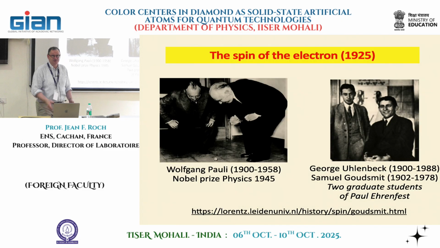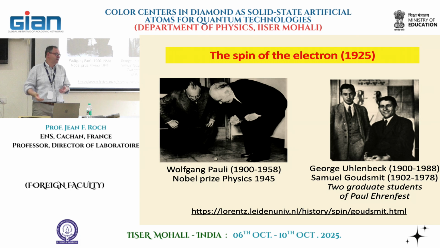So this was actually the signature of the spin of the electron. Somehow you need to add something more. And Pauli then said that to describe this anomalous effect, instead of having three quantum numbers, he would add a fourth quantum number.